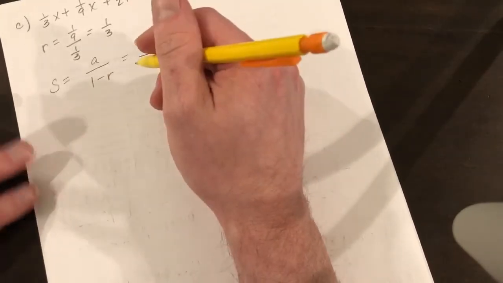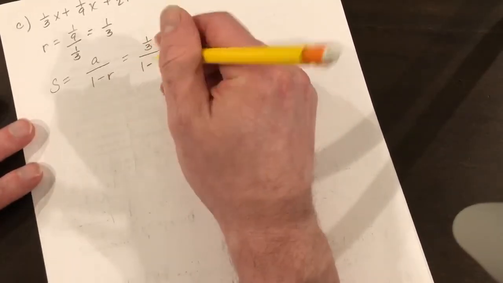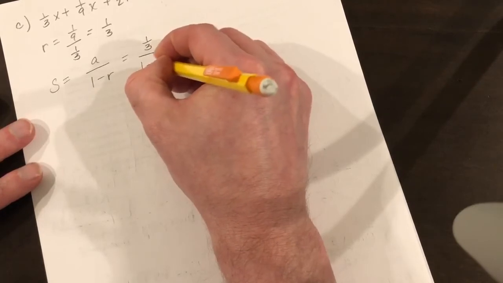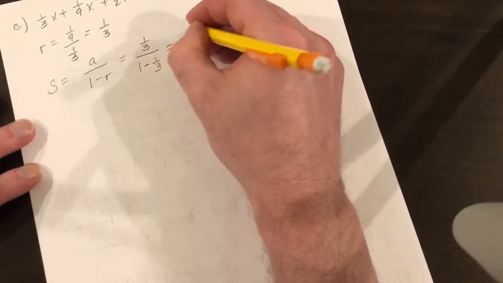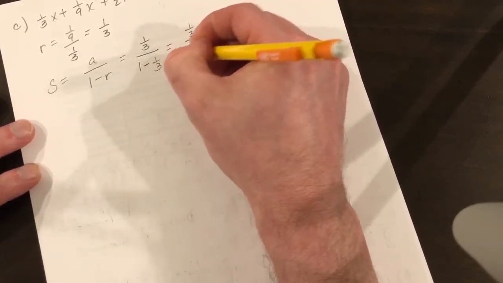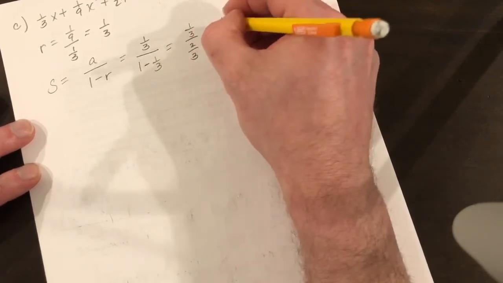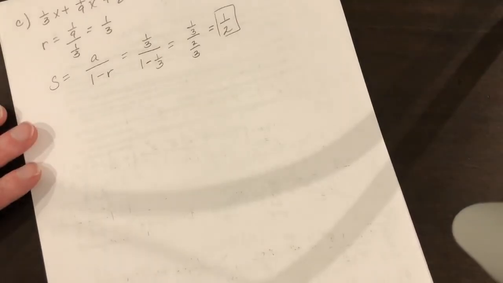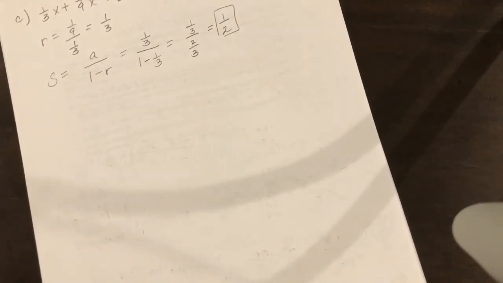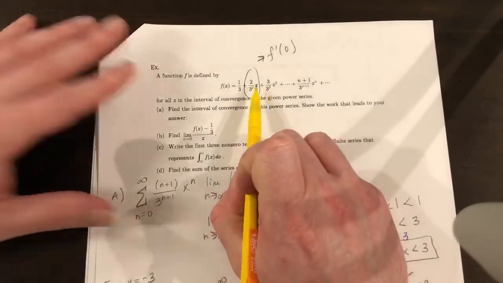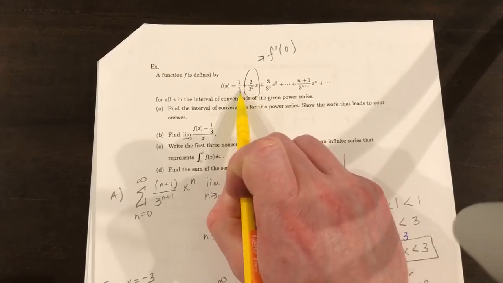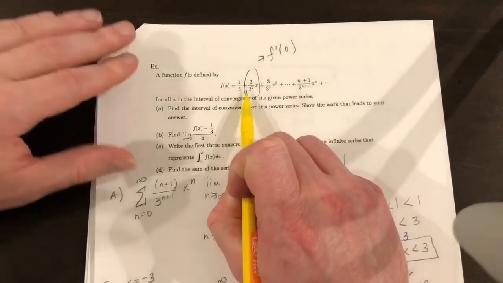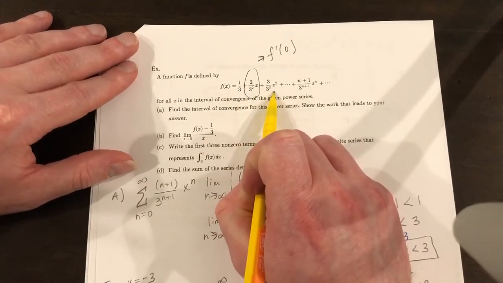And we are going to do 1 minus your r, which is 1/3. So 1/3 over 2/3 comes out to be equal to 1/2. And you can also see that if you go to the original function, these are going to be multiplied by 1/3 as you go, on the bottom.